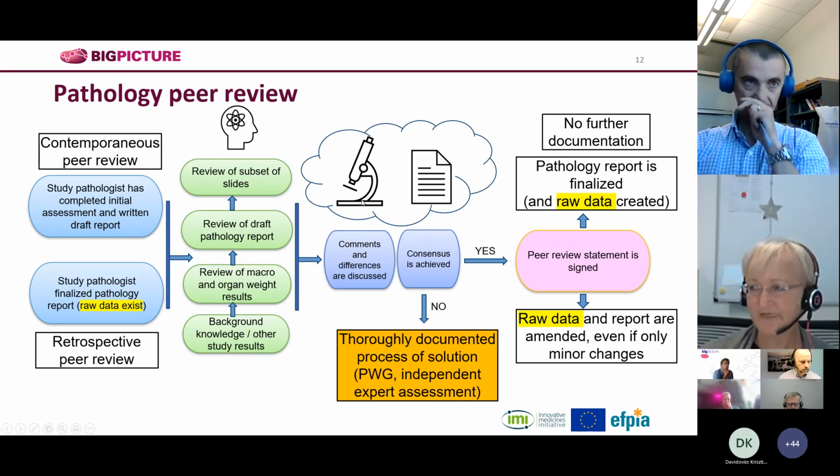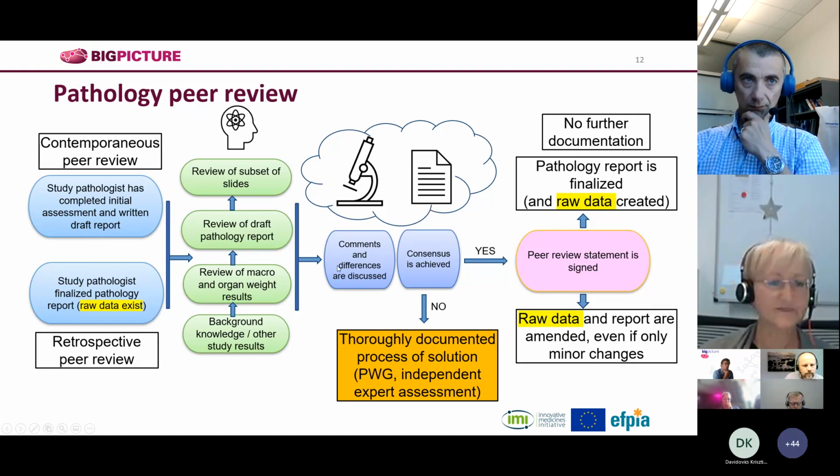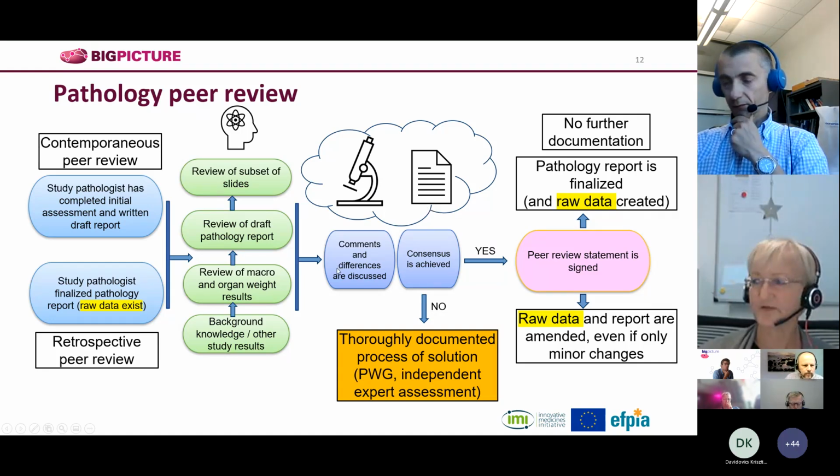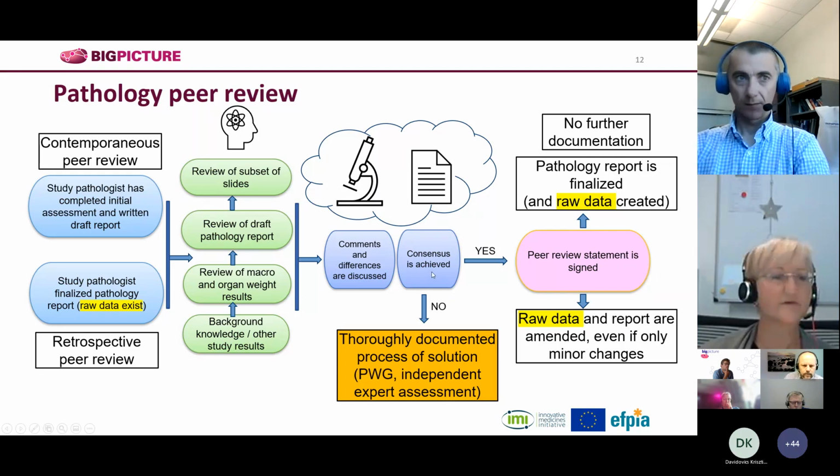So slide reading of a subset of slides will be done, review of documents will be done, comments and differences are discussed between the peer reviewer and the study pathologist, and a consensus is achieved in most cases. If a consensus is achieved, a peer review statement is signed, and now traditionally the pathology report can be finalized and raw data are only created then.